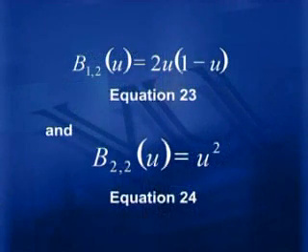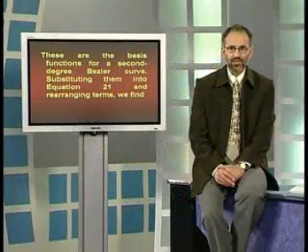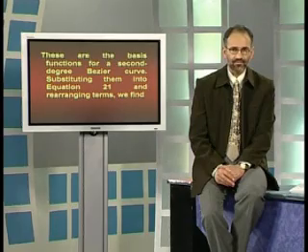And B1,2 of u is equal to 2u times (1 minus u). Let it be marked as equation 23. And similarly, B2,2 of u is coming in place of u squared. So let it be equal to u squared. Mark it as equation number 24. These are the basis functions for a second degree Bezier curve.